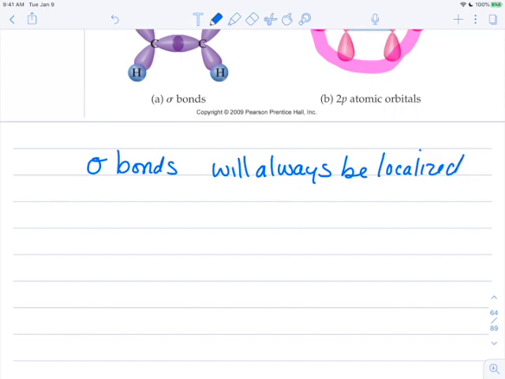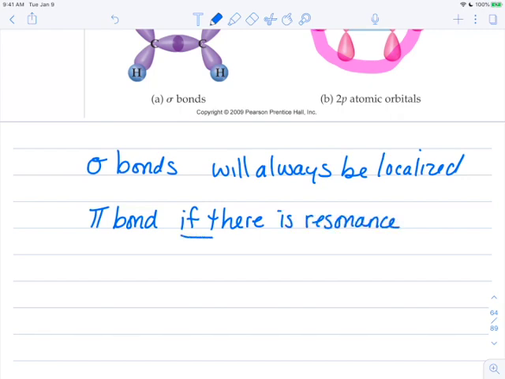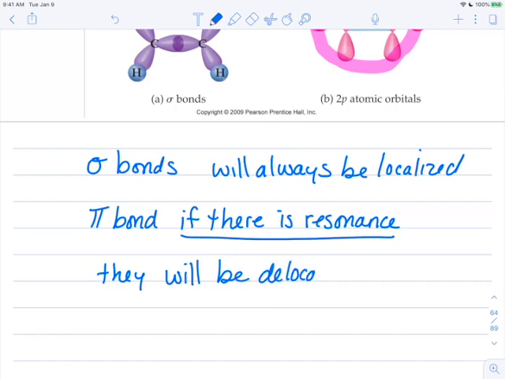And now what we're going to say for our pi bonds, if there is resonance, then they will be delocalized. But that can only happen for the pi electrons, the electrons involved in that pi bond.